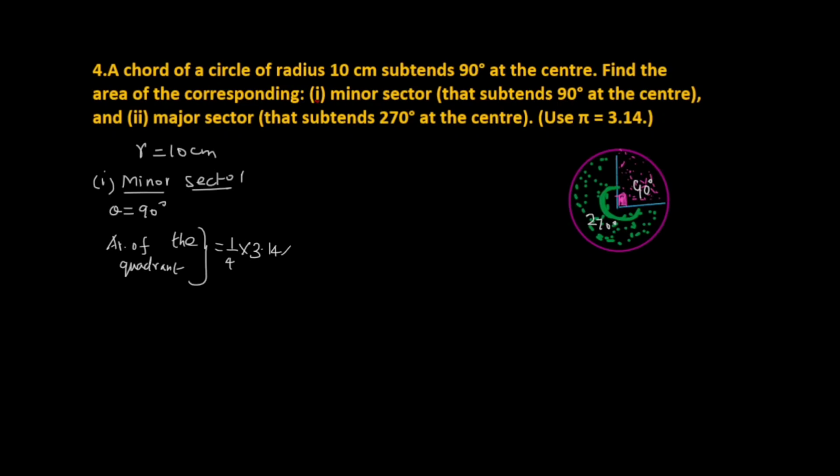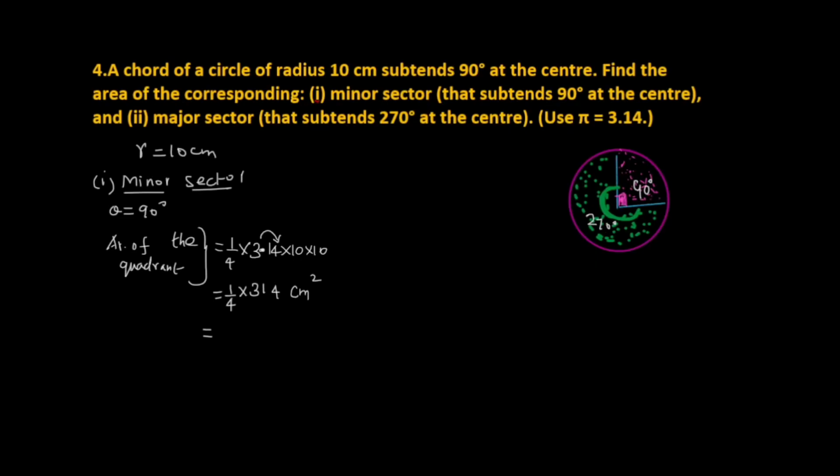Then our calculation will be very easy. 10 into 10. So 1/4. When we are multiplying 3.14, 10 into 10, our decimal will move 2 digits to the right. So 1/4 into 314 centimeter squared.